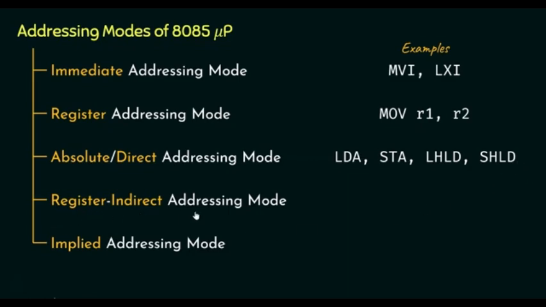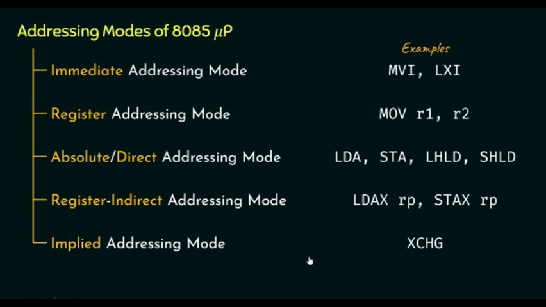Coming to the register indirect addressing mode, although we have seen our very familiar instruction types, but I am going to introduce a few more examples like LDAXRP and STAXRP. These instructions we will learn in the upcoming sessions. Coming to the implied addressing mode, the famous example is going to be XCHG. We already have studied about this as well.